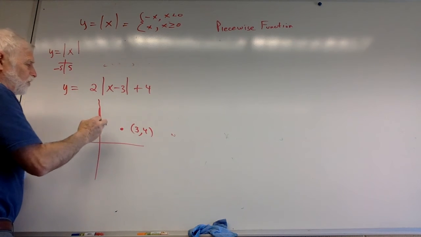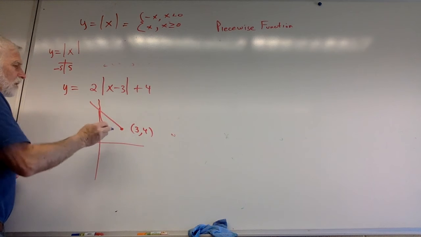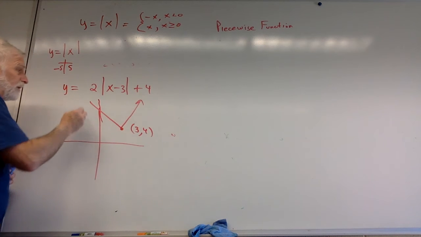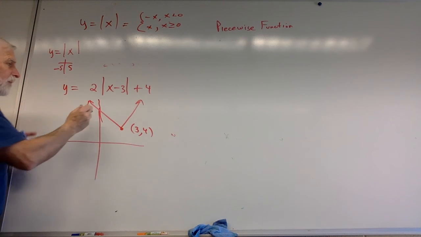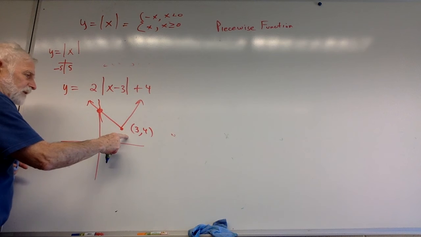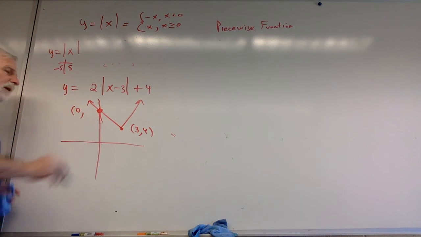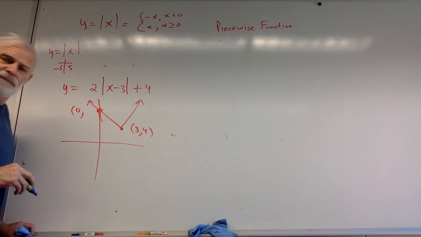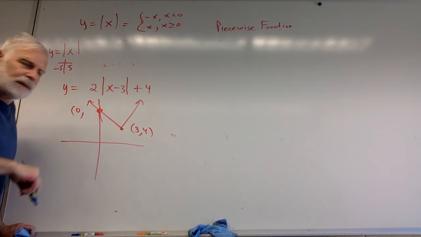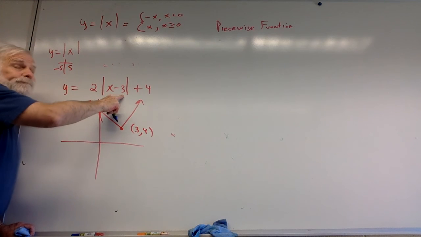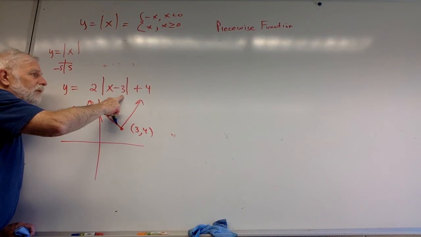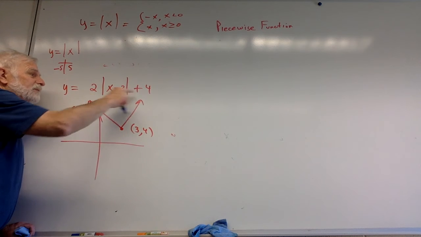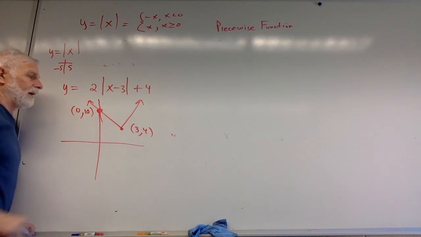And if you're going to cut through the y-axis, I'm just going to draw whatever the scale is because I'm running out of room here. But you should always do the vertex and the y-intercept of the graph. So we plug 0 in. 0 minus 3 is -3, the absolute value of -3 is 3, 3 times 2 is 6, plus 4 is 10. We know it's that now.